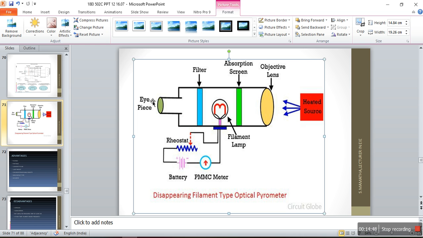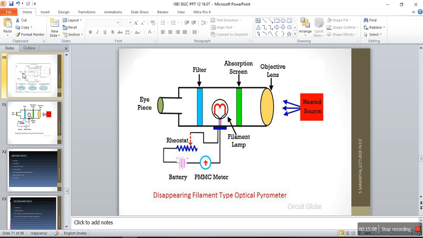Like that, we can calculate the temperature by reading the current flowing through the PMMC meter. That current will be proportional to the temperature of the heated source. This is called the disappearing filament type.